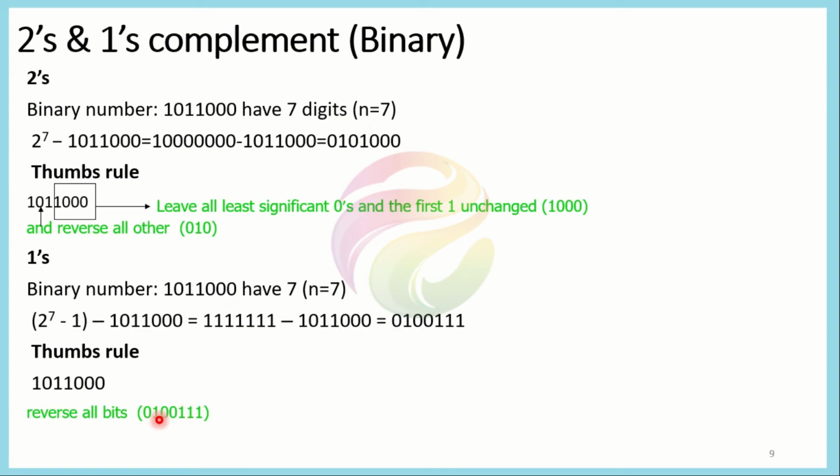So both of the complements have a difference of plus 1. So we have discussed not only the formulas, but we have also discussed the thumb rules for the twos complement, ones complement, tens complement, and the nines complement.